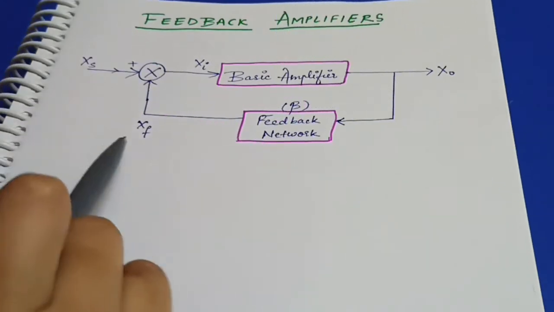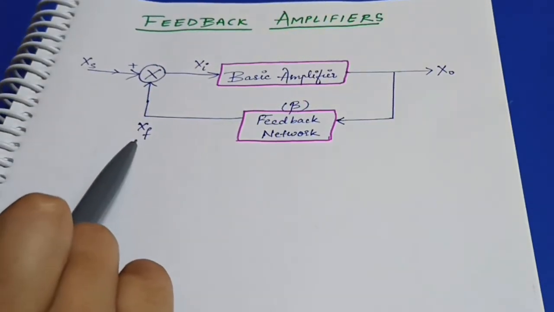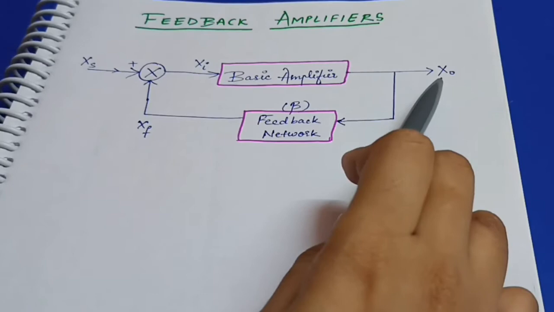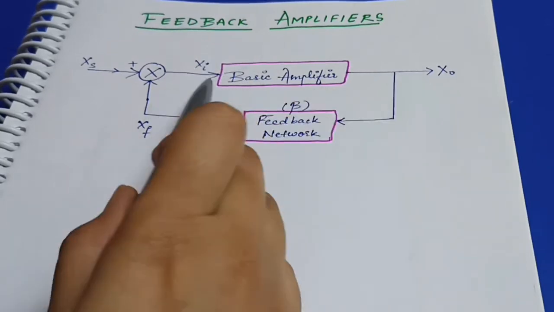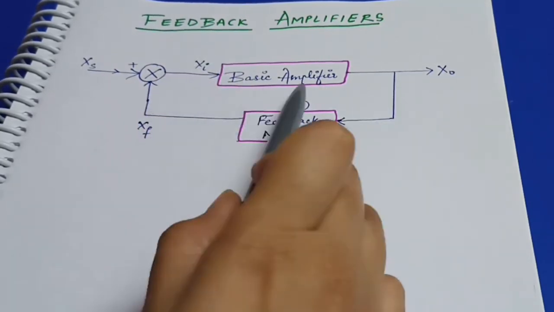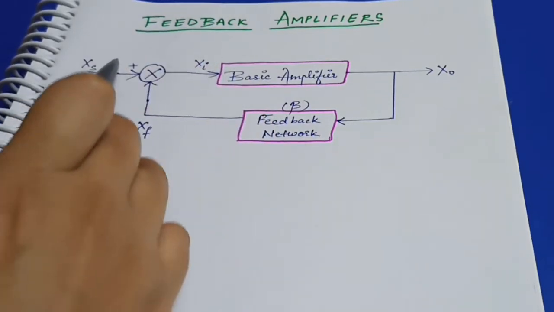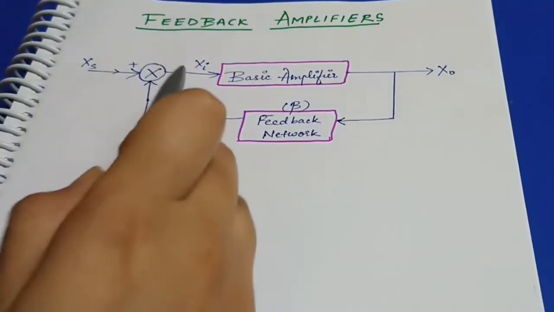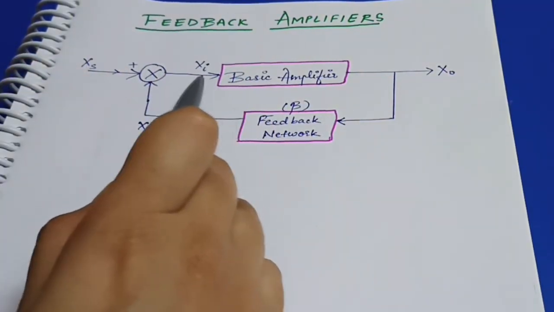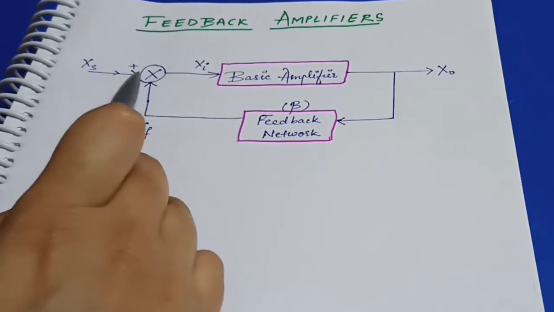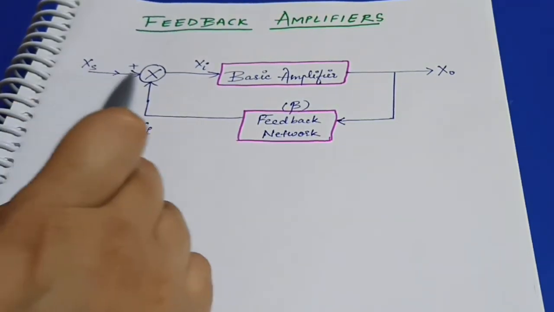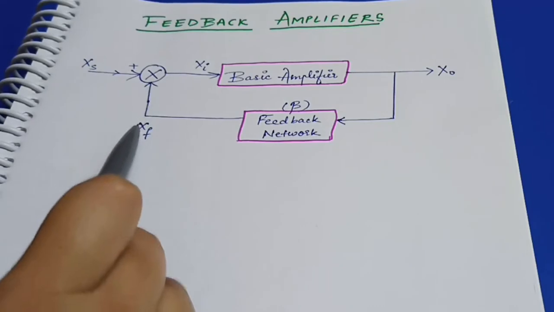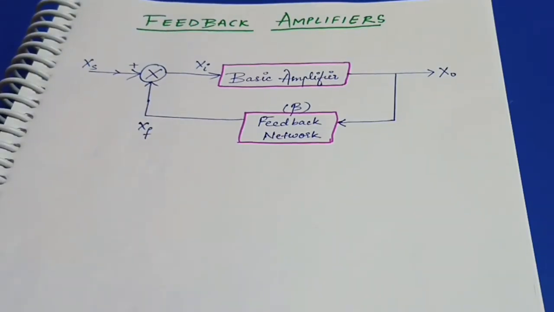So here XF we are taking as the feedback signal, X0 is the output signal, Xi is the input signal to the basic amplifier, and this is the main signal. So the input signal to the basic amplifier is the sum or the difference of this input signal and the feedback signal. The feedback network should also have some gain, so that's why we are taking beta as the feedback factor.